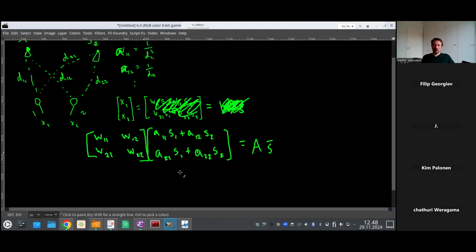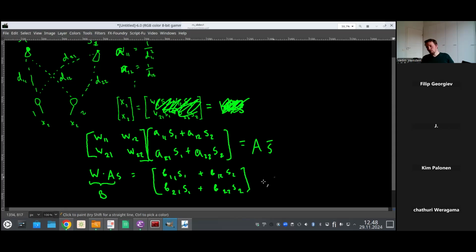And so when we multiply those, it's the same thing as multiplying W by A by S. So it's the sum of matrix B1 S1 plus B2 S2, where this is just B. Now you can see that there are four options for B basically: the identity matrix, this matrix, or this matrix. Four options, just like I said in the beginning.